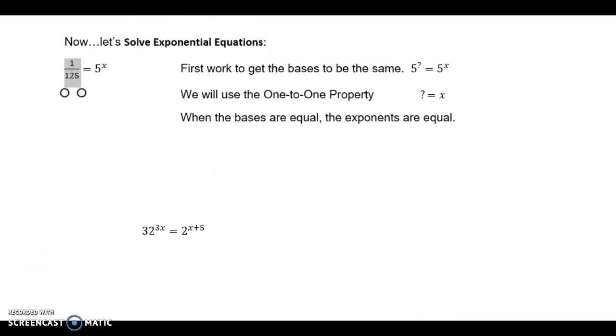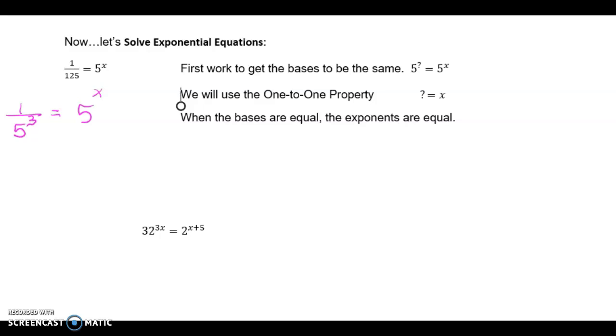Now let's see how we can do these and solve. So this problem, we have 1 over 125. I'm going to rewrite 125. That's the same as 5 cubed equals 5 to the x power.